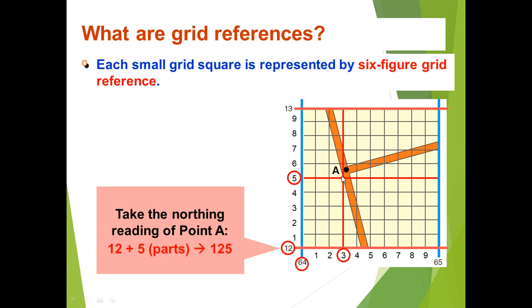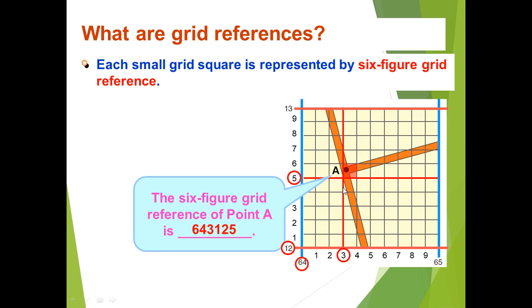So we can find the second set of the six-figure grid reference. That should be 125, because point A passed the fifth section but hasn't reached the sixth section yet. Altogether, combining the easting and northing, we have a complete six-figure grid reference. That would be 643125. These references refer to everything shown within this region.